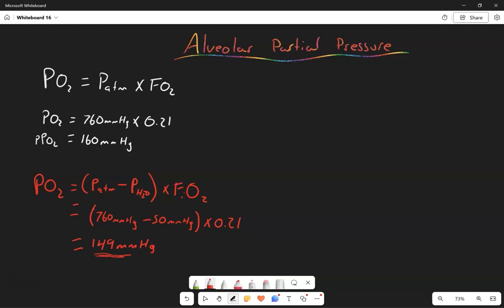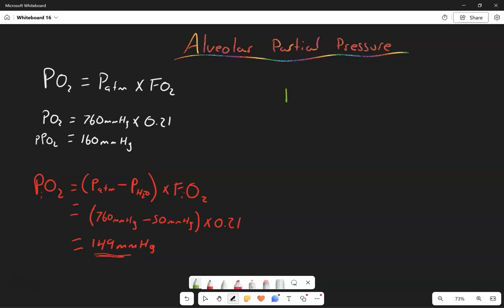So notice, just by humidifying the air, we've decreased the overall partial pressure of oxygen of that inspired air. Now, the other thing that we have to remember is that as the air enters the alveoli, gas exchange is happening across the alveolar surface, and our body is metabolizing the components, creating carbon dioxide, which is going to get put into that alveolar space, and we're going to consume that oxygen.